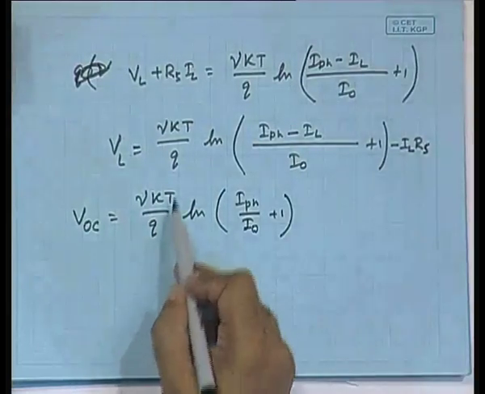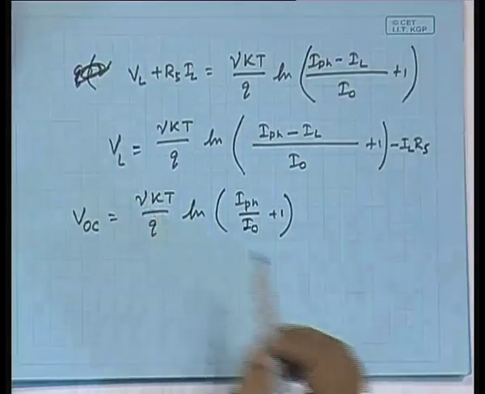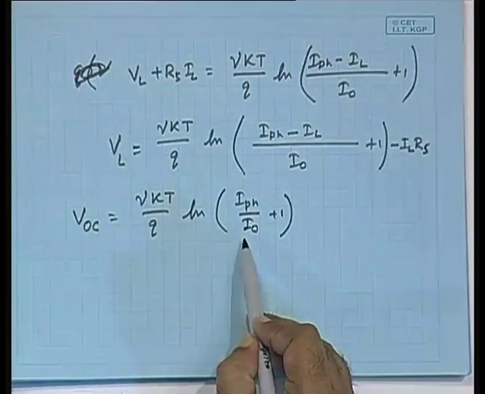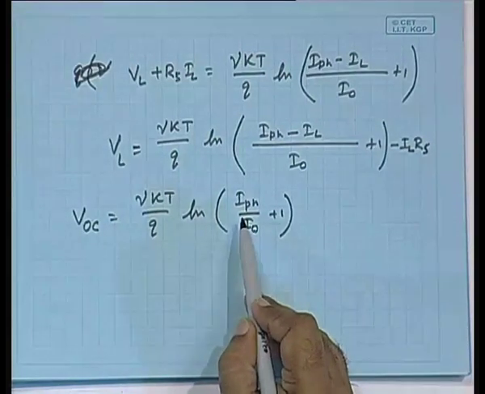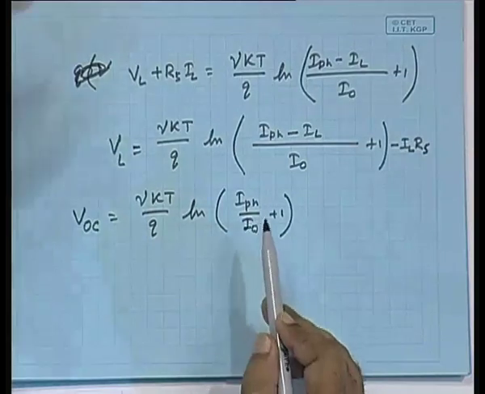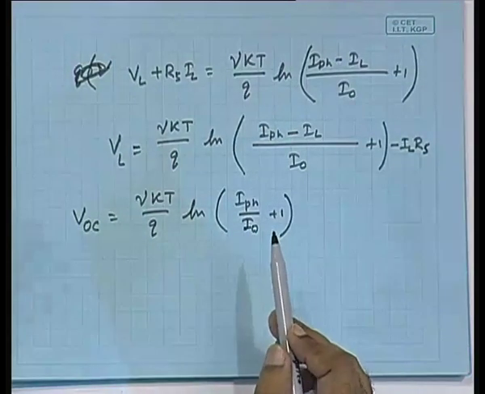These fellows are all constants. I naught is a constant. I P H is variable, dependent on solar energy, and solar energy really changes all over the day.